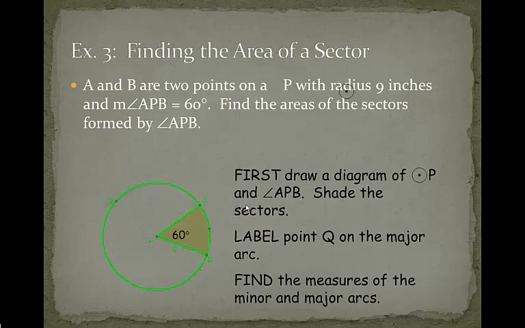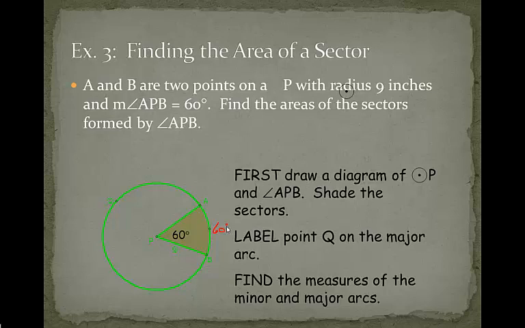Okay? So A and B are two points on circle P with a radius of 9 inches and the measure of angle APB is 60 degrees. So I know that this is 60 degrees. Find the area of the sectors formed by angle APB. So again, first draw a diagram, which is what we did on the left. Label point Q on the major arc, and find the measure of the minor and major arc.